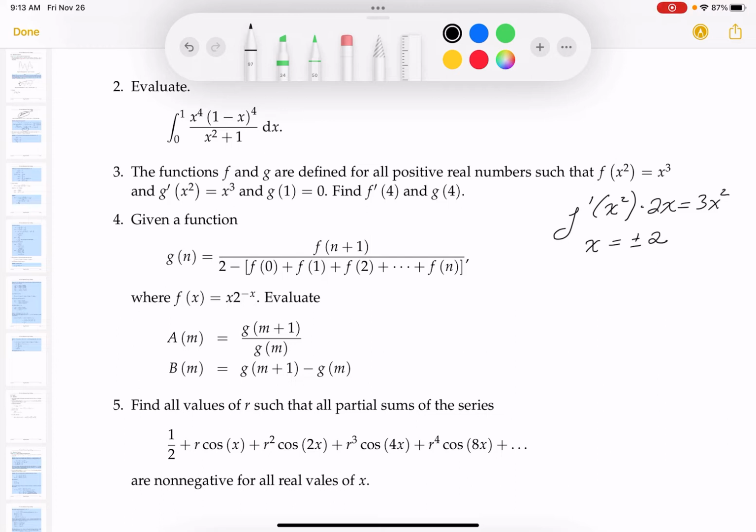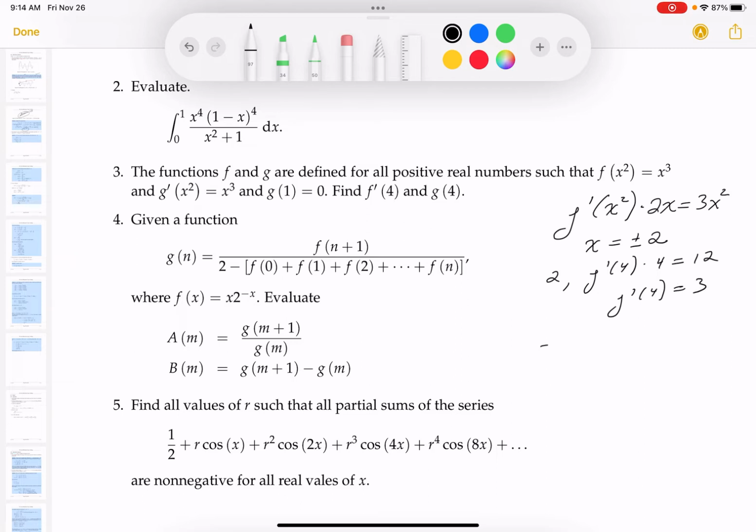Let's do 2 first. So what do you get? f prime of 4 times 4 equals 3 times 4, which is 12. So f prime of 4 would equal 3.